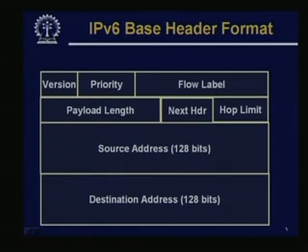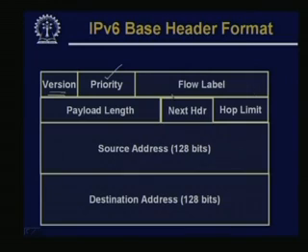The base header contains some fields. Version, for IPv6 this version field will contain the number 6. Priority, well, you can assign priorities to your packets.